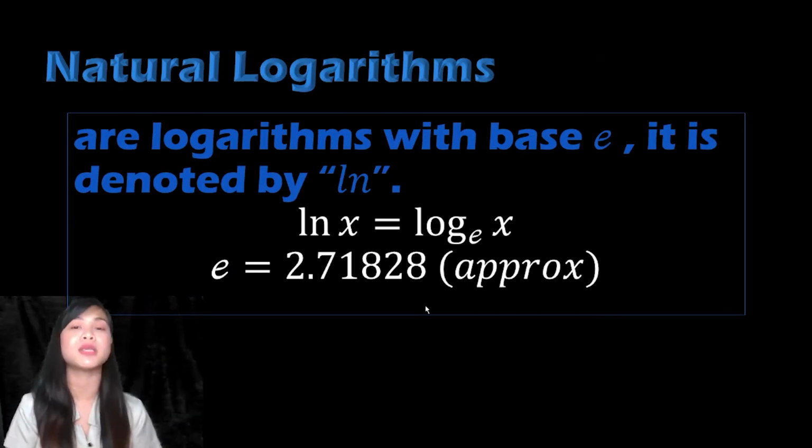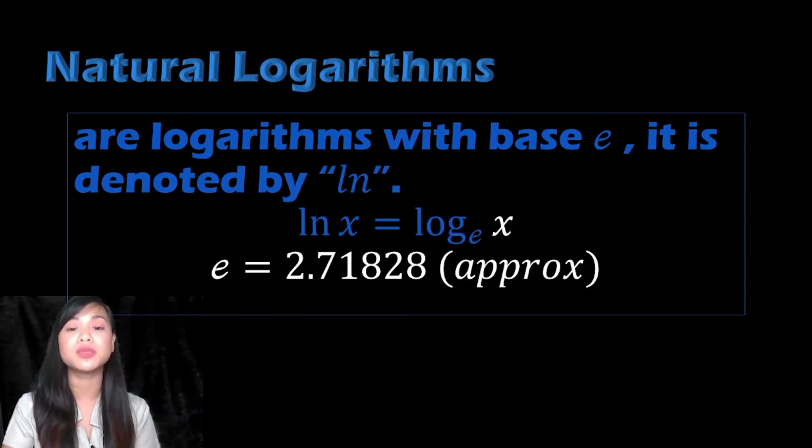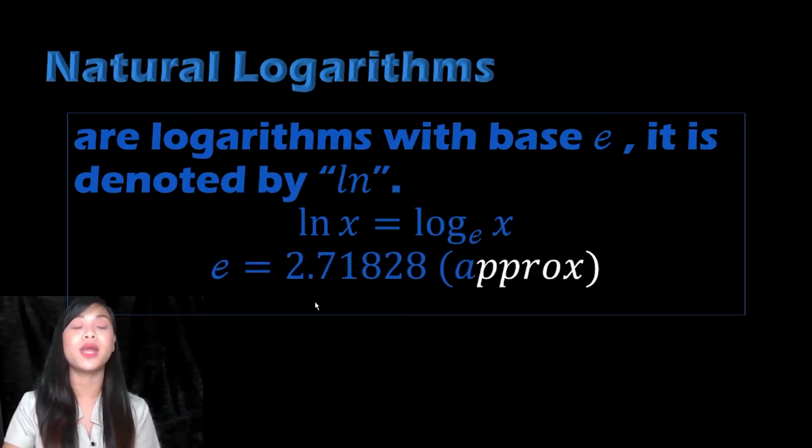If you have a scientific calculator, you can find the approximation of the value of e, which is the base of our natural logarithm. It is denoted by ln of x, which is also equal to log base e of x. Again, the approximate value of e is 2.71828.